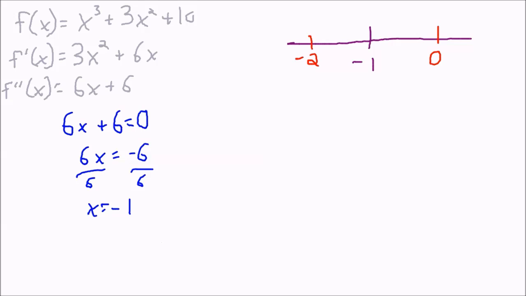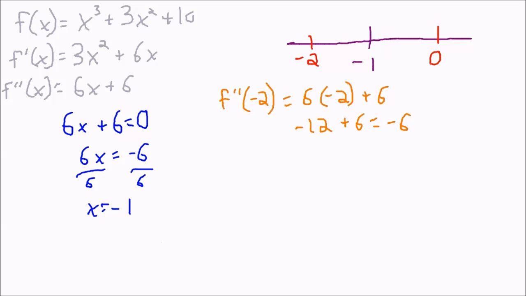So let's see. I have f double prime of negative 2. That's going to be 6 times negative 2 plus 6. 6 times negative 2 is negative 12, plus a positive 6 is a negative 6.